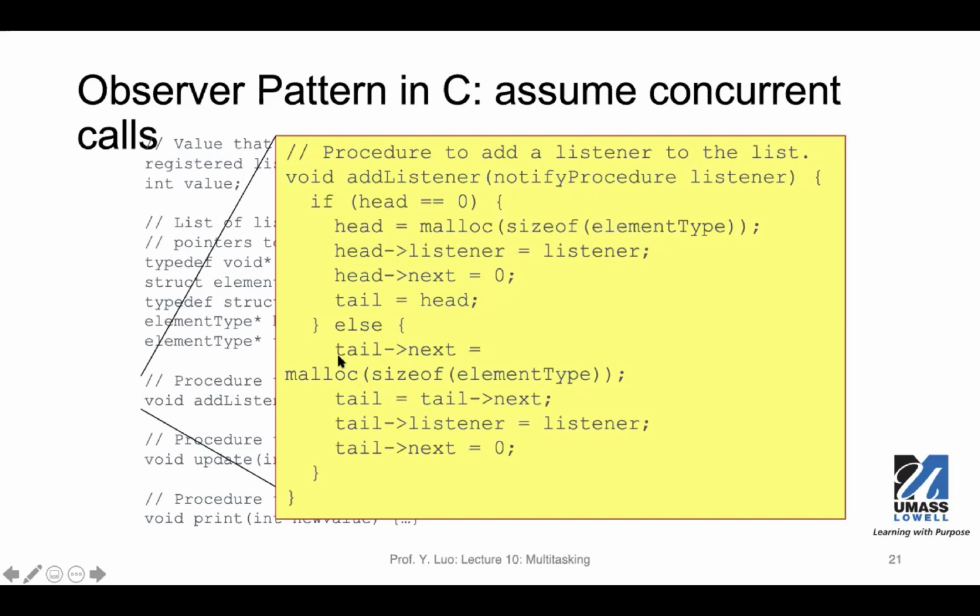But guess what? They are accessing the same variable. This tail is the same, so the node which was just allocated by thread A will be lost, because now the tail next is pointing to the very last new node that was just created. And subsequently, this tail next will be overwritten.